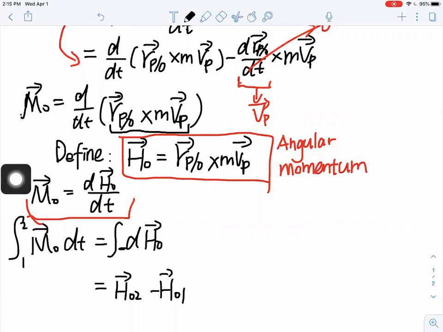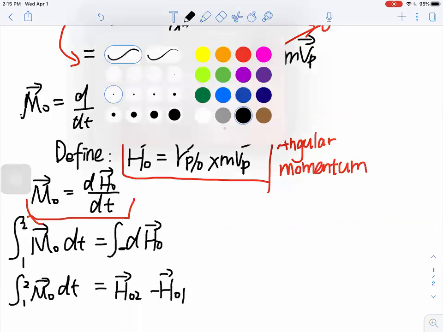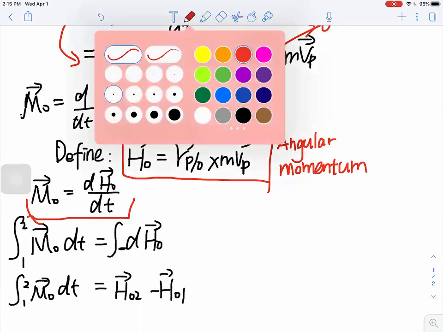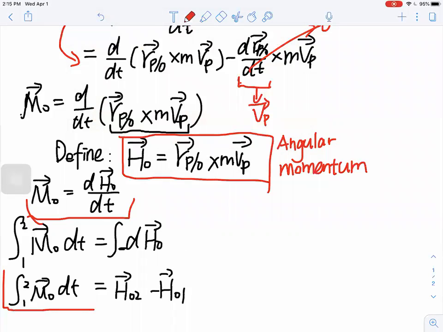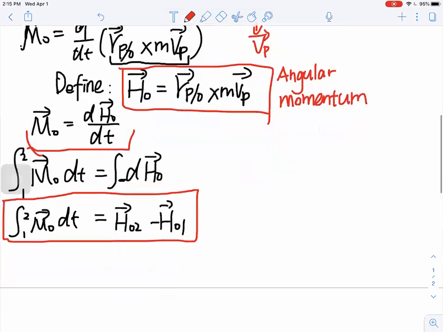And we can just copy this side. Okay, and this would be our angular impulse momentum equation. So on the left-hand side, similar to what we learned in linear impulse, that's the angular impulse.